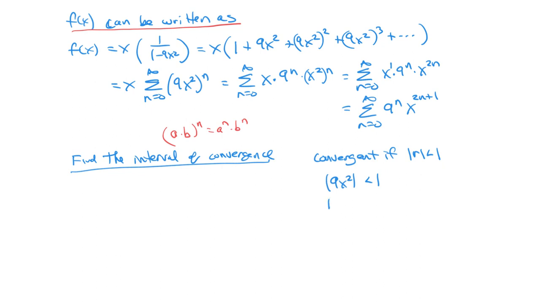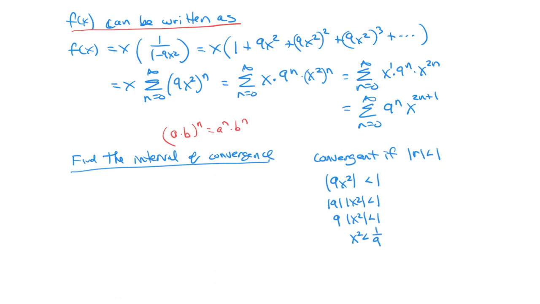So that means the absolute value of 9 times the absolute value of x squared is less than 1. The absolute value of 9 is just 9. You really don't have to go through all of these steps, but I want to list them all just in case anybody's not sure. So the absolute value of x squared is just x squared, and then I divide each side by 9, so I get here.